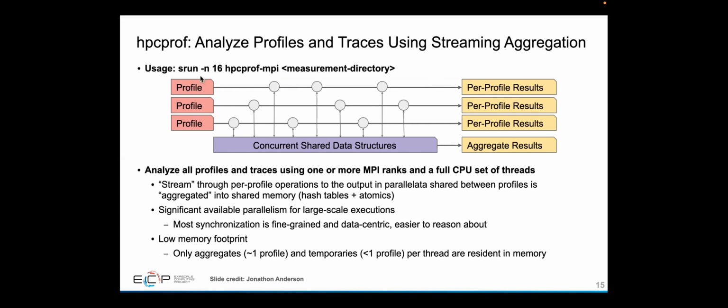And so what we're doing is we're taking a set of profiles and we're aggregating the information into a concurrent data structure in shared memory, and then we're communicating across the MPI ranks to complete the aggregation across the nodes, and then this produces the profile data. And so previously, HPCToolkit was just using MPI-based parallelism, and the addition here is that we're using highly multi-threaded parallelism as well.